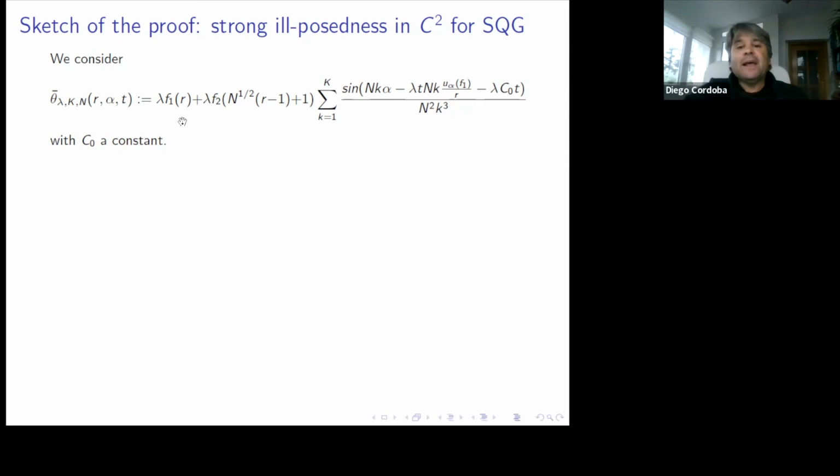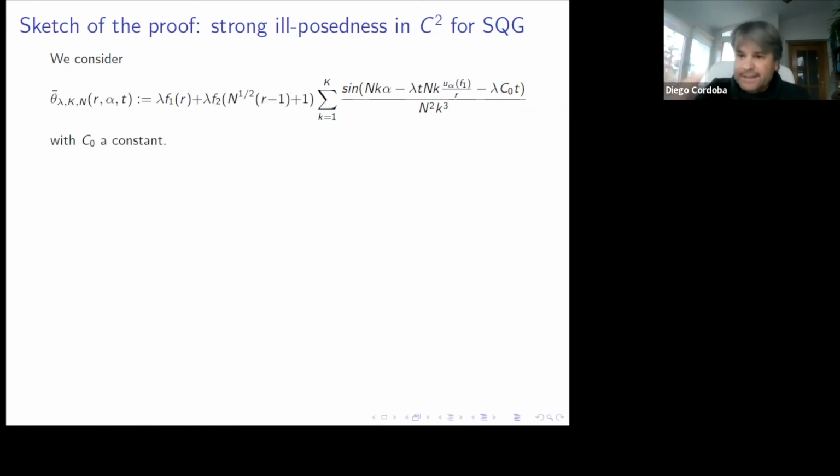And then plus lambda times F2. This F2 is our previous G. That is radial, but it's going to depend on the square root of capital N in that form. And then I added the signs up to K times.